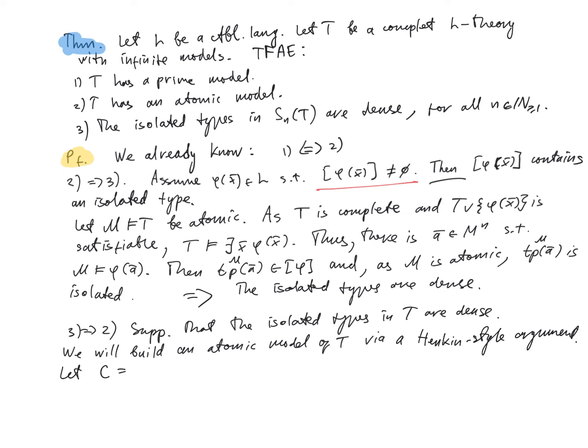We let C, consisting of c_0, c_1, etc., be a new set of constant symbols and we let L star be the language L together with these new constant symbols not in L.